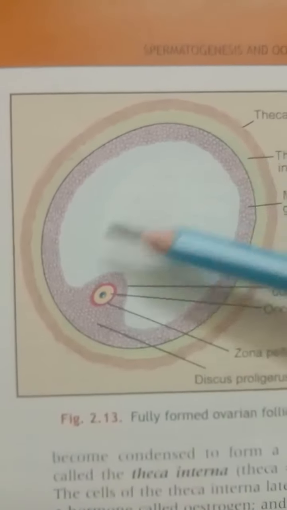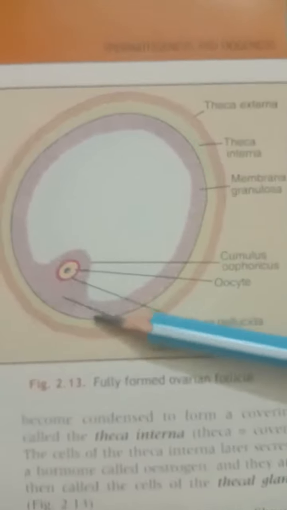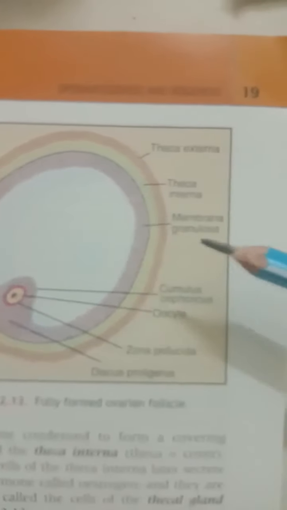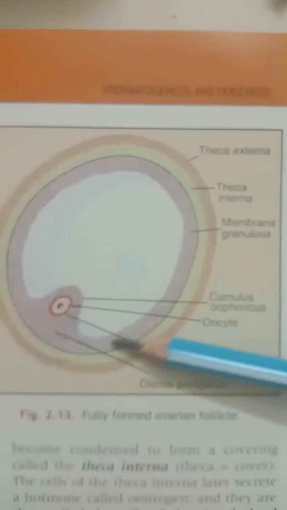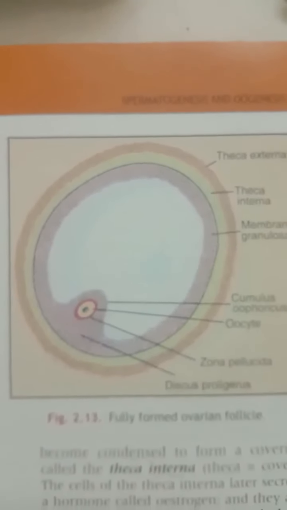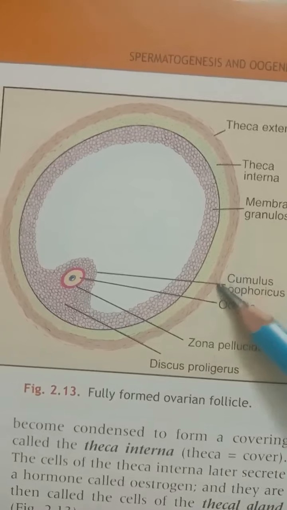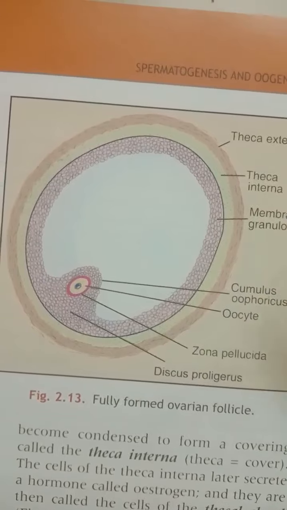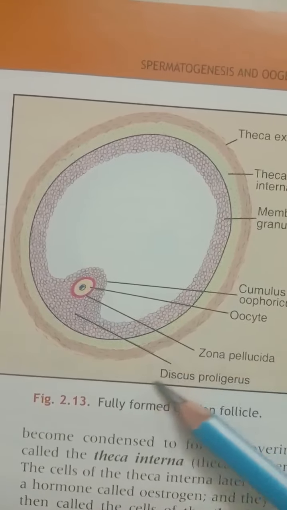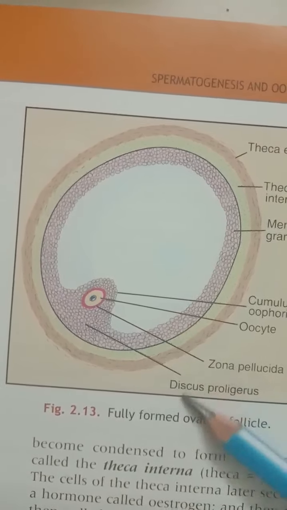In this diagram you can see the cavity enlarged and covered by the cells, and here is the cumulus oophorus and the discus proligerus.